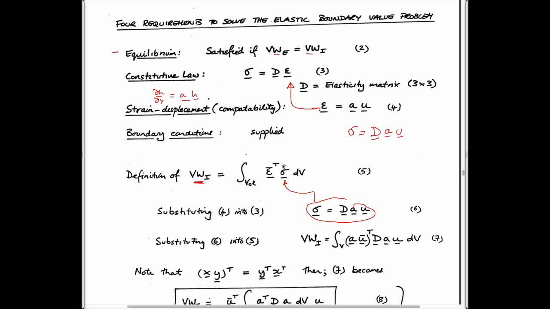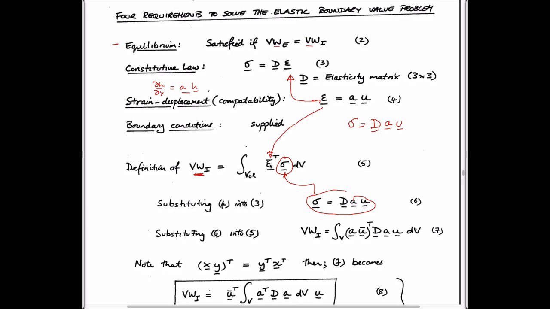If we substitute in the value for the stresses into this, and also substitute in the value for that, then we can do that. And so this is the transpose of this. So the transpose of this would be equal to the transpose of this, which is this.